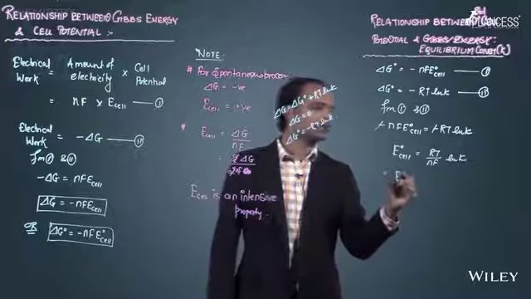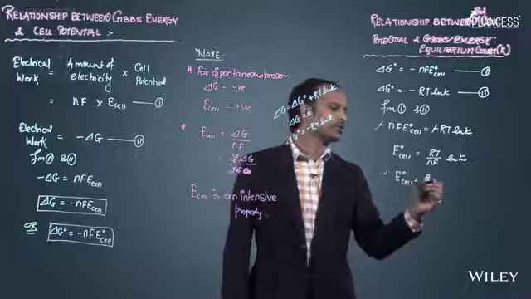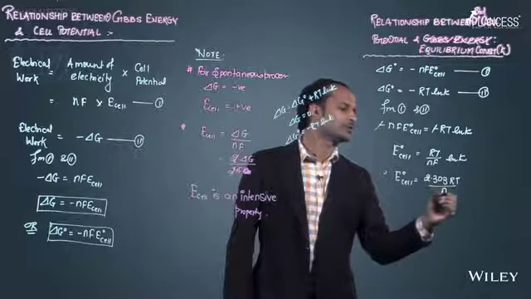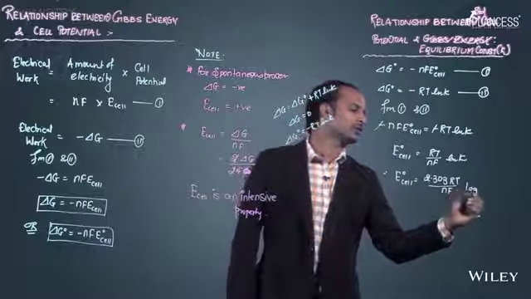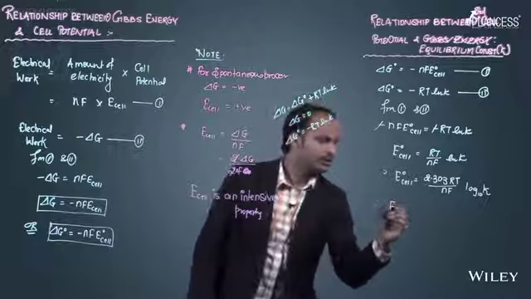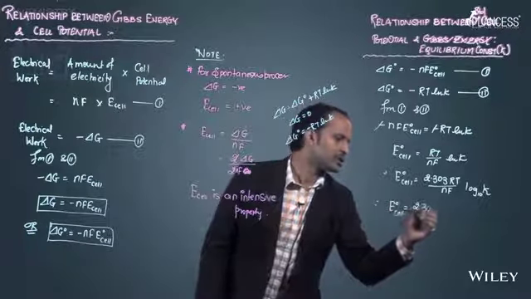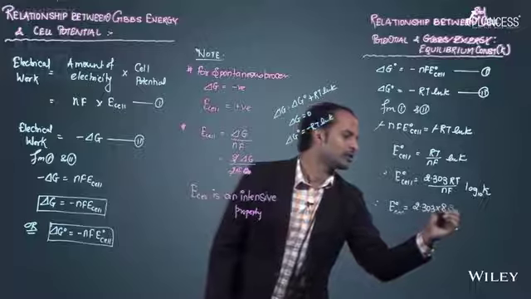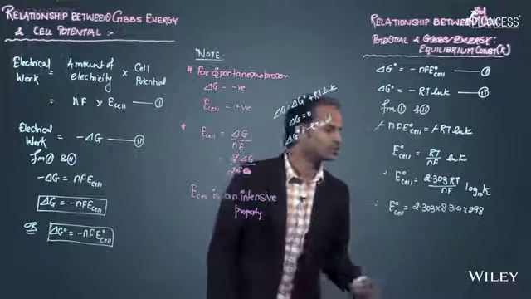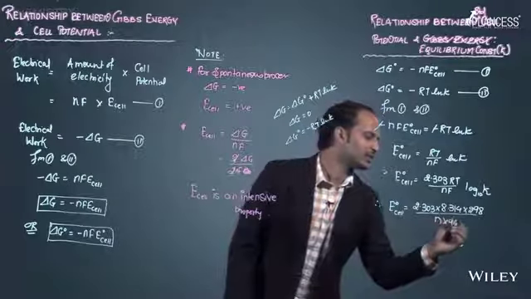So I can say that E naught cell is equal to 2.303 RT upon nF, and once I multiply by 2.303, ln will become log to the base 10 of K. Therefore, E naught cell is equal to, here I know the values of many terms: 2.303, R is 8.314, temperature we are considering standard cell potential so 298, and 96,500.